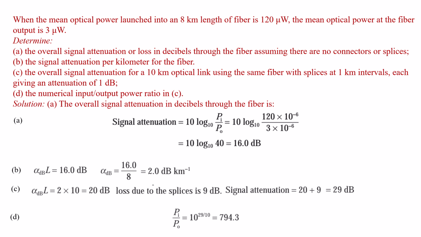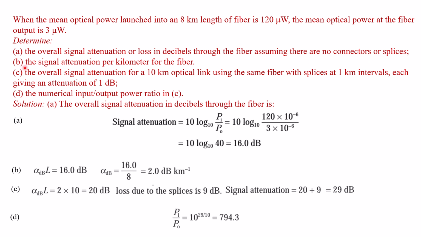Let us try to understand the attenuation in terms of a problem. The mean optical power launched into an 8 kilometer length fiber is 120 microwatt, and the mean optical power at the fiber output is 3 microwatt. We have to determine the overall signal attenuation or loss in decibel through the fiber, assuming there are no connectors or splices.